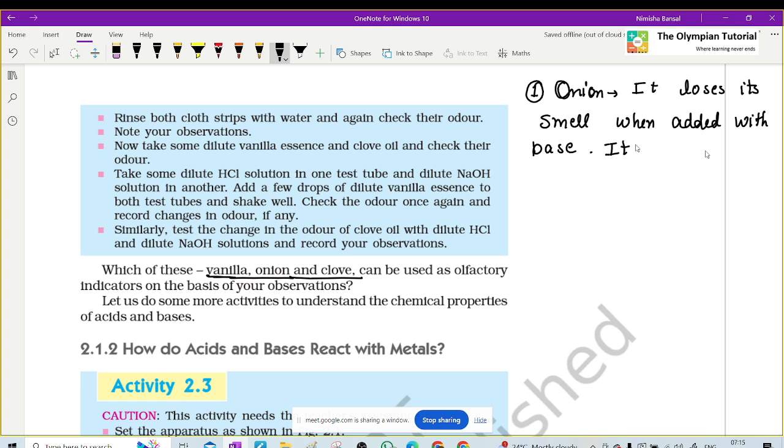It does not change its smell with acid. Note it down. Yes, ma'am. This is for onion. In base, it loses its smell, but in acid, it does not change its smell.